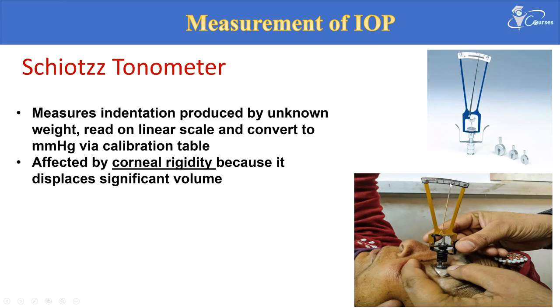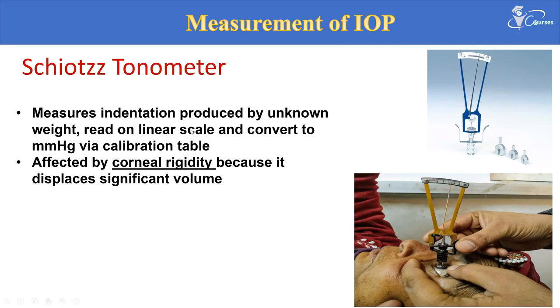This number is not the intraocular pressure, but after you put it into a table, it will point to a specific intraocular pressure. For all devices used for intraocular pressure measurement, we need to know their limitations and why they are not useful for every case, because every method has its own drawbacks.